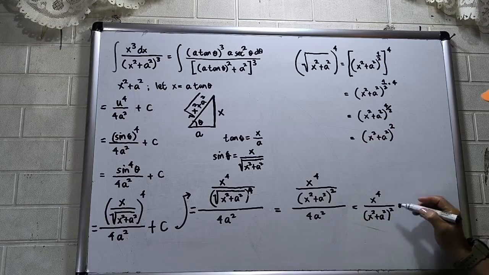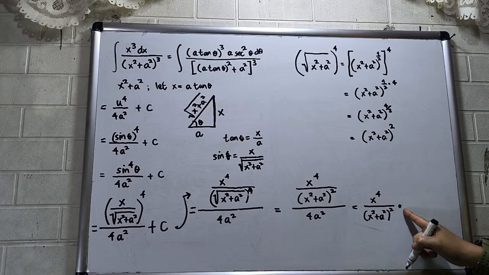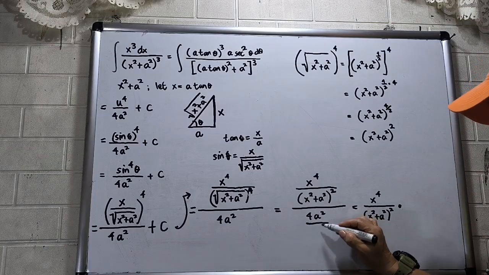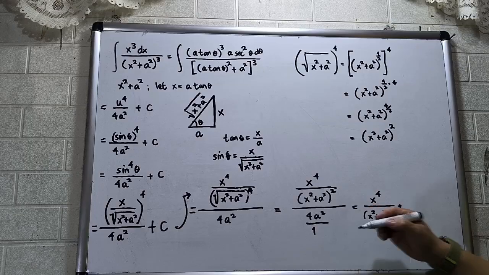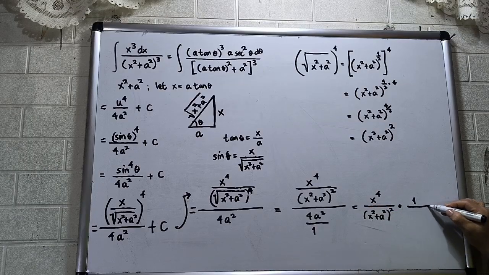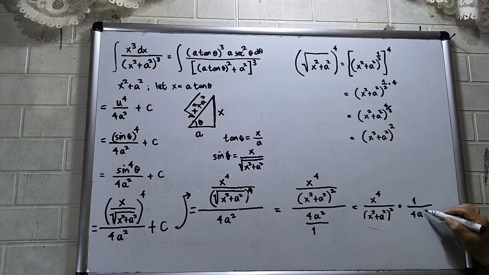Then from division change to multiplication, then upside down of 4a squared over 1. So the upside down will be 1 over 4a squared.